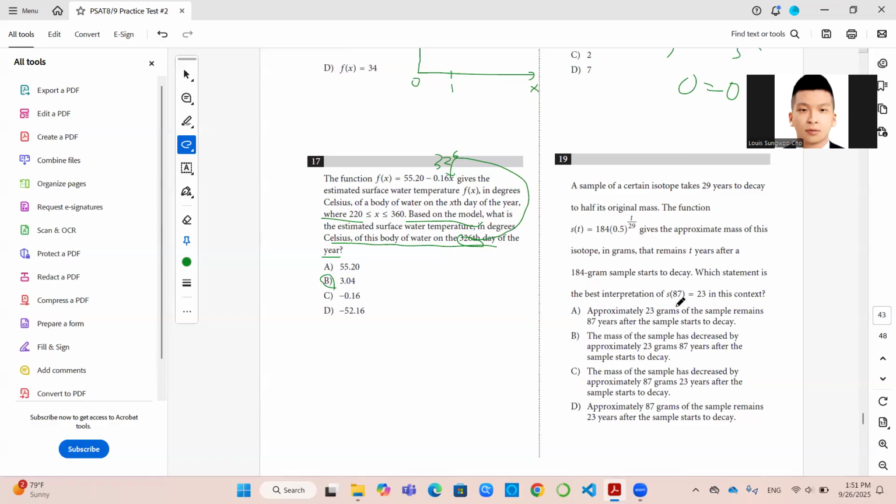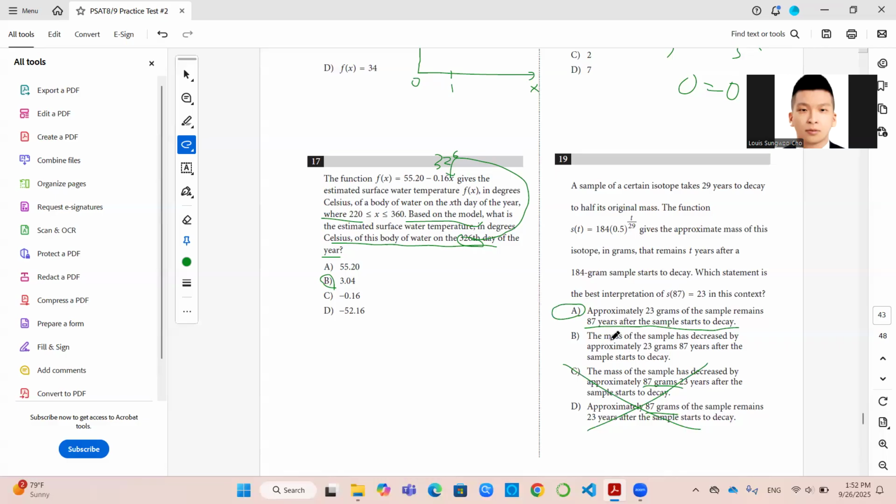So 87 should be represented in time. So C and D are immediately eliminated because I see 87 grams. What this means is that my output is the grams, so the weight. So that means approximately 23 grams of the sample remains 87 years after the sample started to decay.